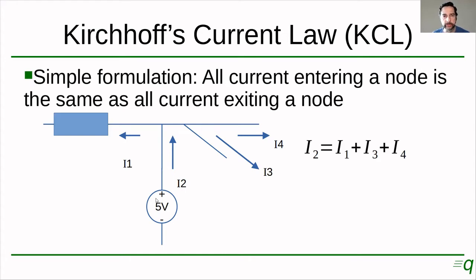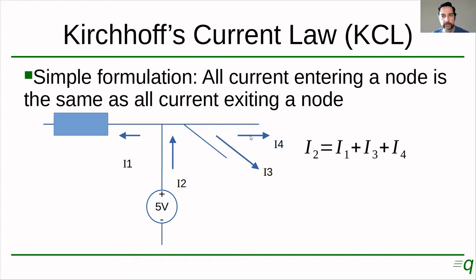Now, what does this mean? It says all current entering a node. A node is where several branches of a circuit meet. It's like this one here. So we have 1, 2, 3, and 4 branches meeting in this node. Assuming all these arrows are correct, we have I2 entering this node and I1 exiting on this branch, I3 exiting on this branch, and I4 exiting on this branch.